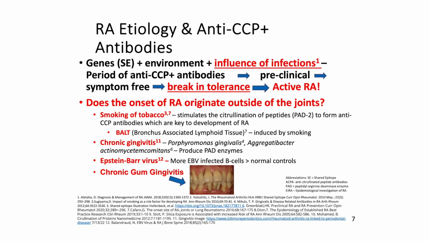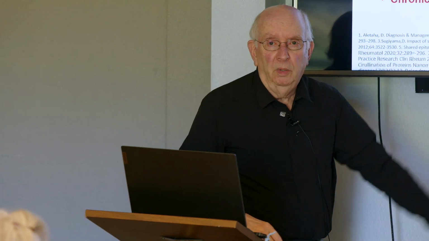Now, how did we find out about this smoking thing? We found out with a blood test called anti-CCP. Believe it or not, that blood test is, in a way, induced by smoking. So people who smoke can induce this particular antibody. This antibody is not present in normal people.